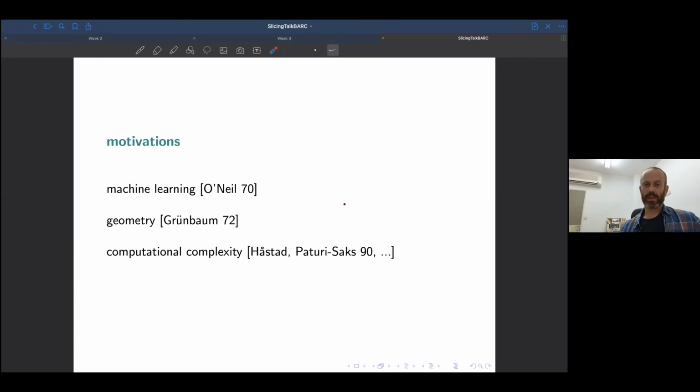And 20 years later, it was studied in computational complexity, and I will explain exactly why, by Hastad and Paturi and Sachs and many others. So there are many reasons to try to understand this problem. This is a very quick background.